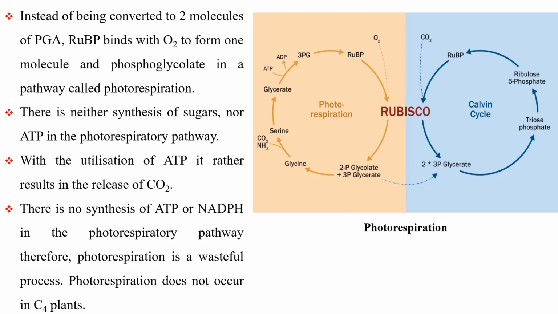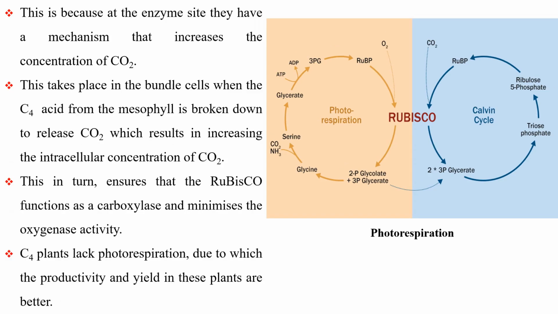Photorespiration does not occur in C4 plants. This is because at the enzyme site they have a mechanism that increases the concentration of carbon dioxide. This takes place in the bundle sheath cells when the C4 acid from the mesophyll is broken down to release carbon dioxide, which results in increasing the intracellular concentration of carbon dioxide.